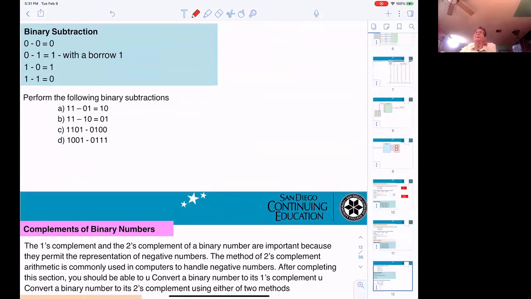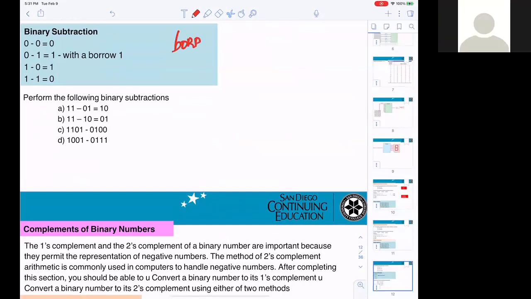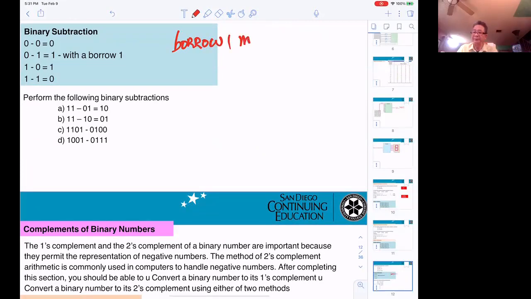Okay, borrow 1 means what? If it is a 1, make it 0 in the next column. Borrow 1 means subtract 1 from the next column.